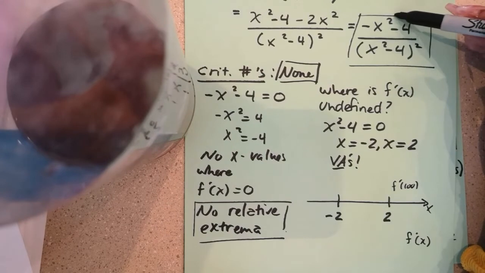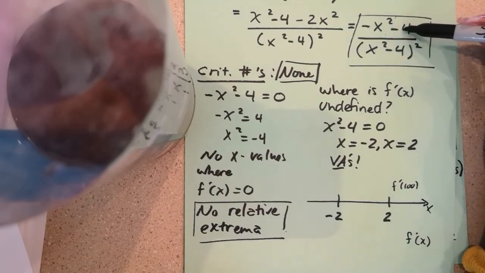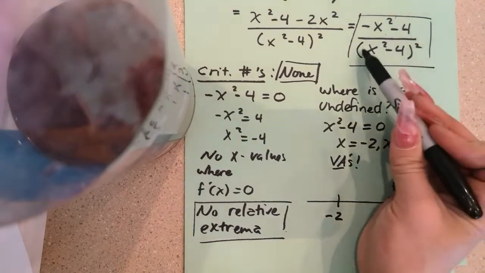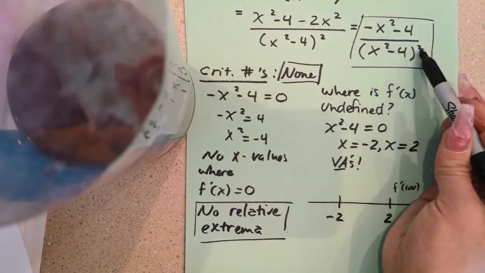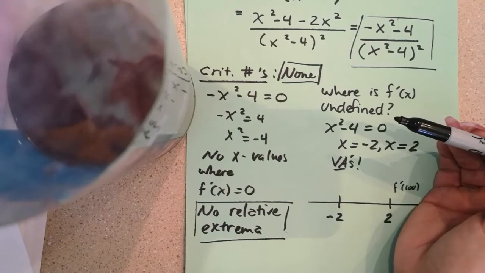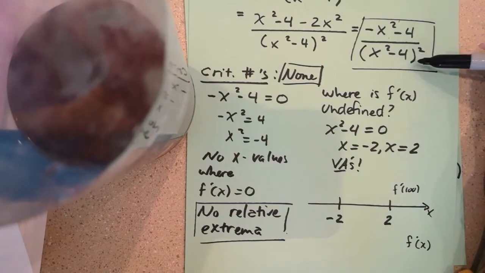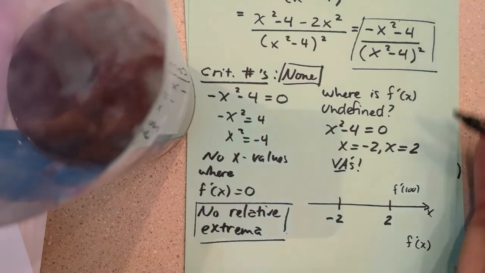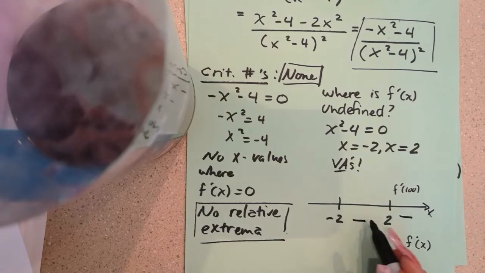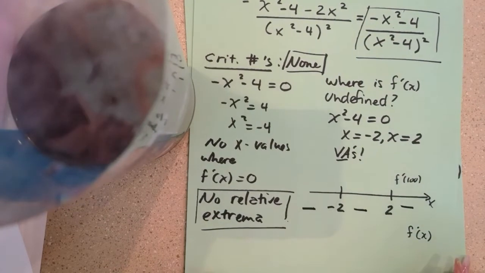This guy squared with a negative in front, minus a 4, is going to be negative for all x. This whole quantity is squared, so it's positive for all x. For all values of x, then, the numerator is negative and the denominator is positive. So actually, the first derivative is negative all the way across.